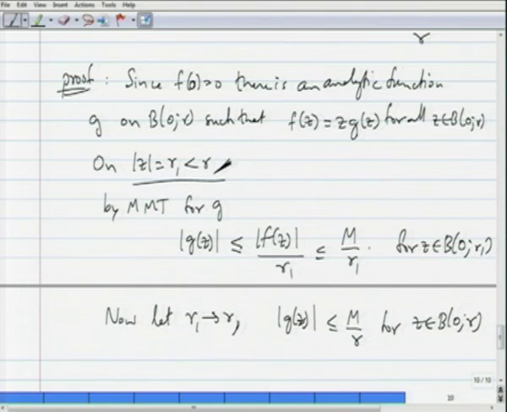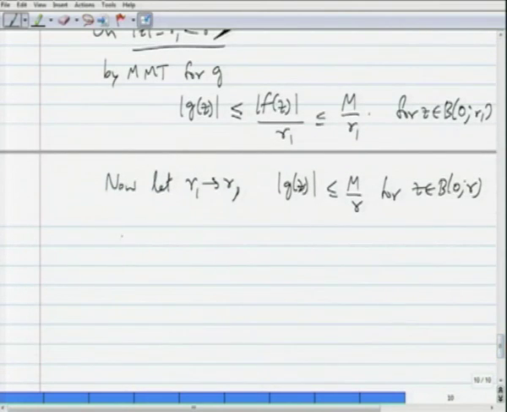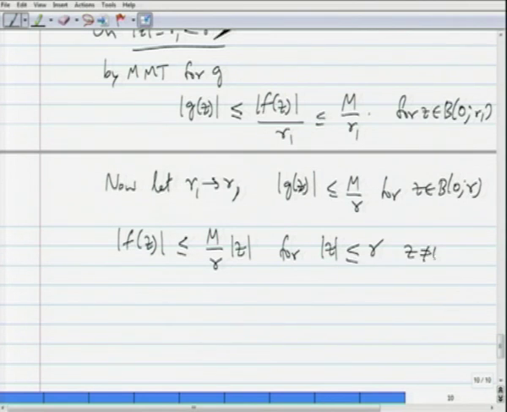So, from this we can say that modulus of f of z is less than or equal to M by r modulus of z. By substituting what g of z is, we get this for modulus of z less than or equal to r, z not equal to 0.